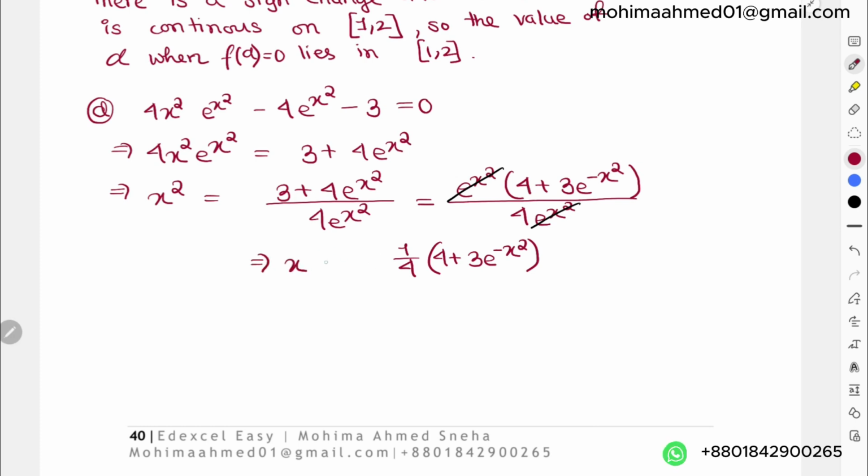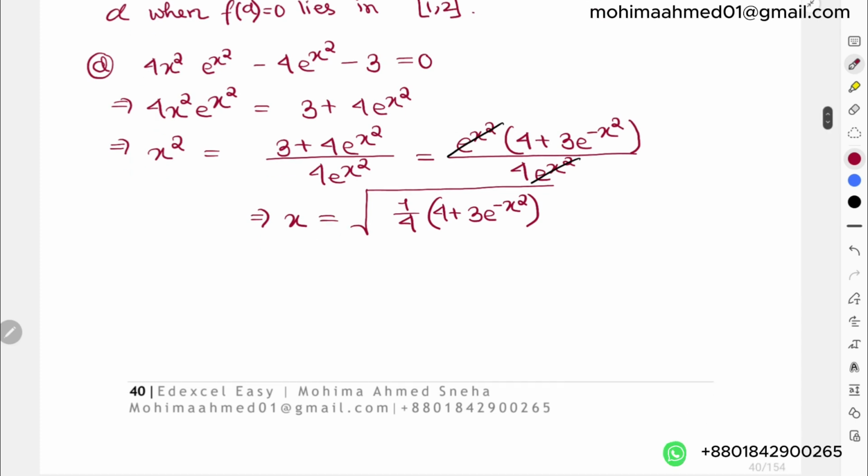So I can take this square and take it on the right hand side. It will be a root now. Root of 1 by 4 is going to be 1 by 2. So you get the value for your x as half times the root of 4 plus 3 exponential minus x squared, and everything inside this is under the brackets, right? So this is it.